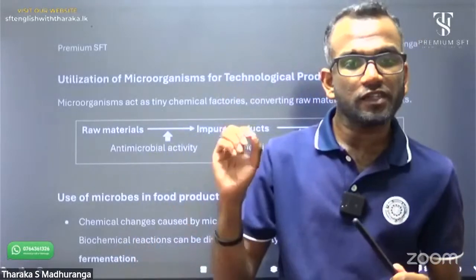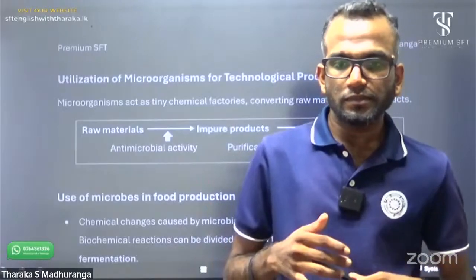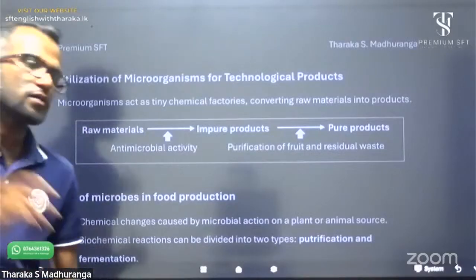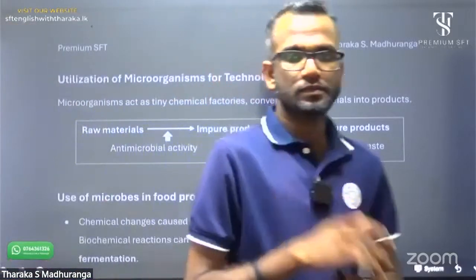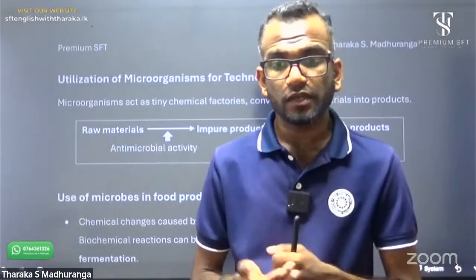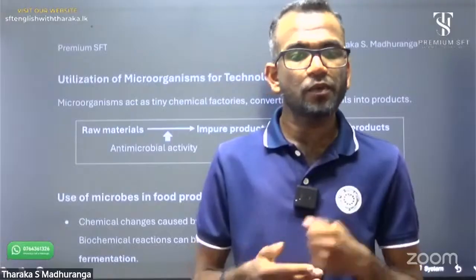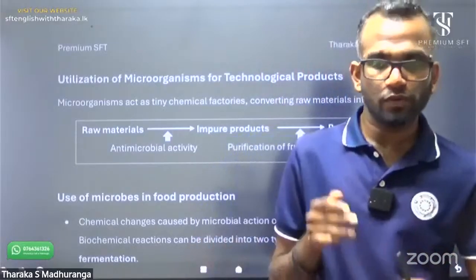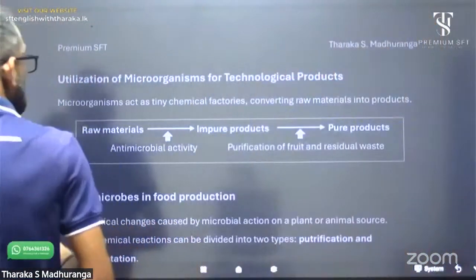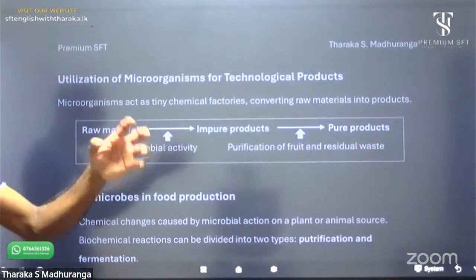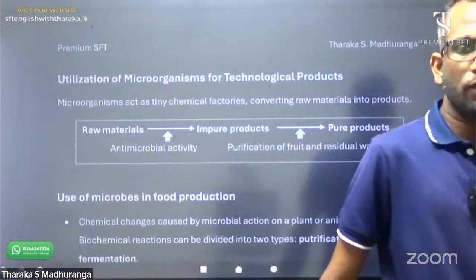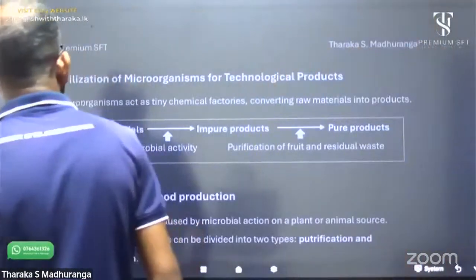What is the nutrition type? Chemoautotrophs. Nitrosomonas and Nitrobacter, that's a special group. The nitrification bacteria nutrition type is chemoautotrophs. Remember that.